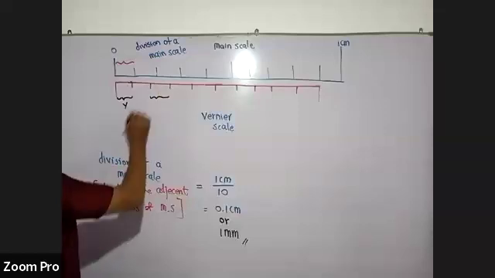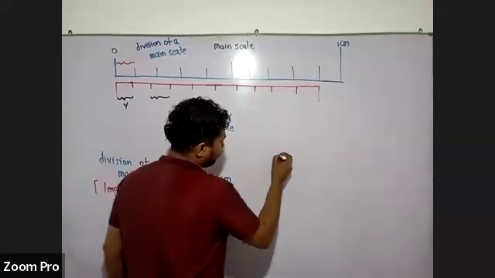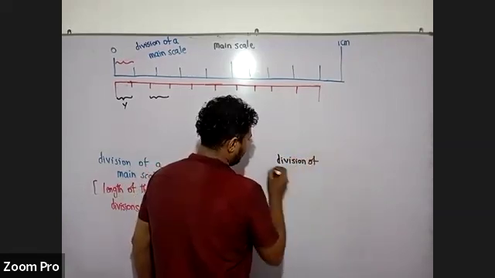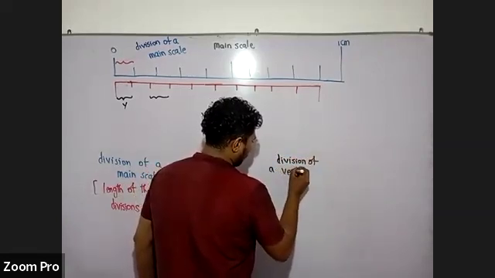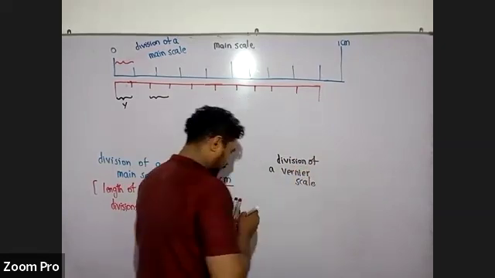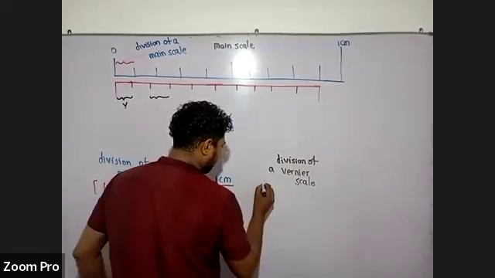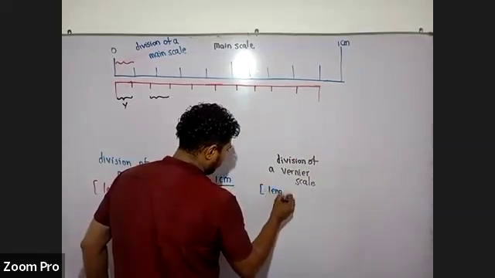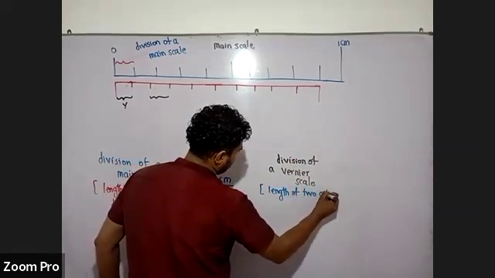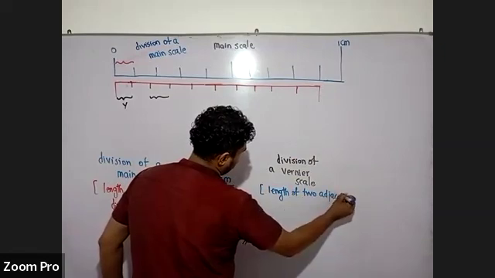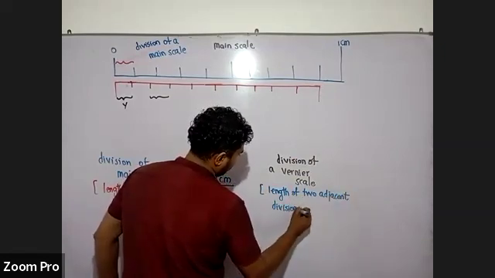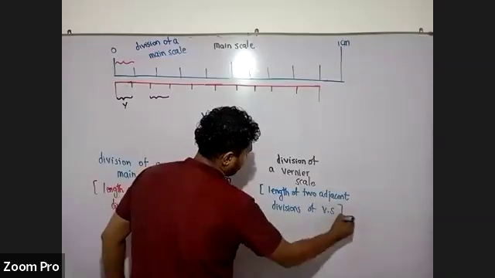So this is the division of a Vernier scale, or it can be expressed as the length of two adjacent divisions of the Vernier scale.